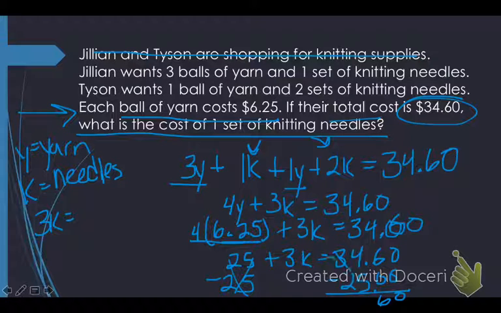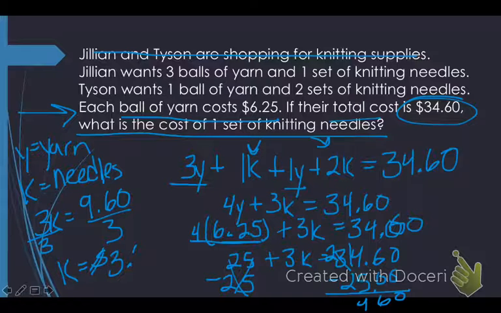I have to borrow. 14 minus 5 is 9, and 2 minus 2 is 0. So I end up with 3K equals $9.60. Dividing by 3 to determine that each set of knitting needles is $3.20.